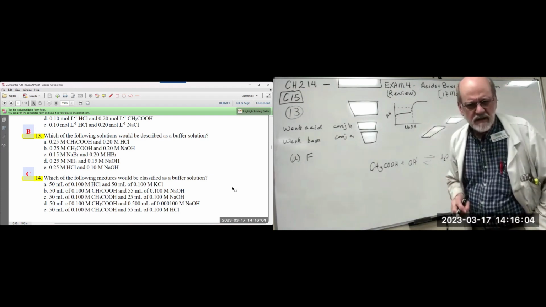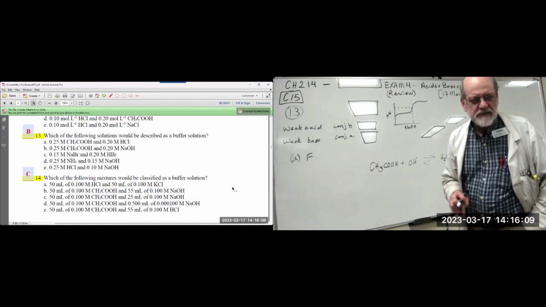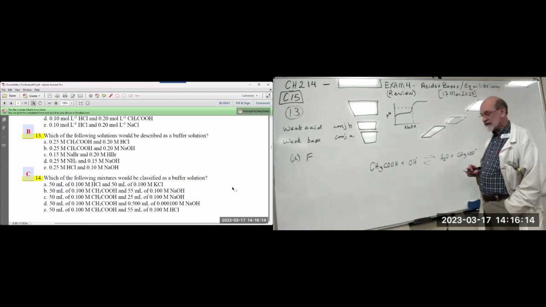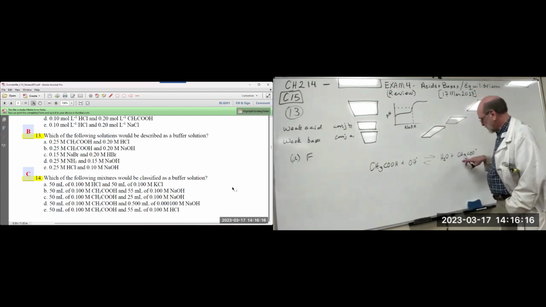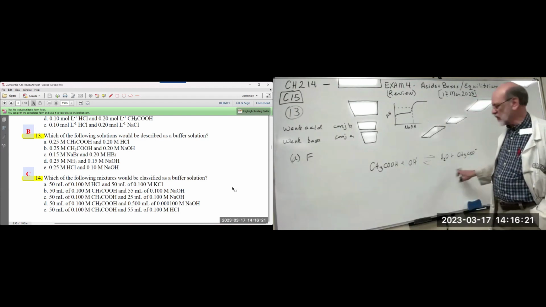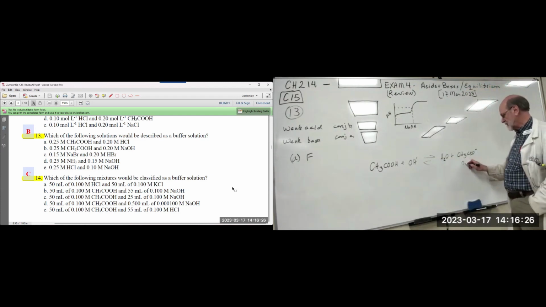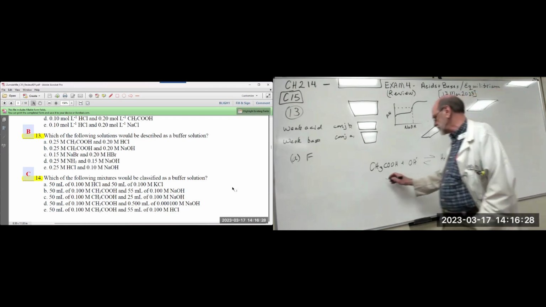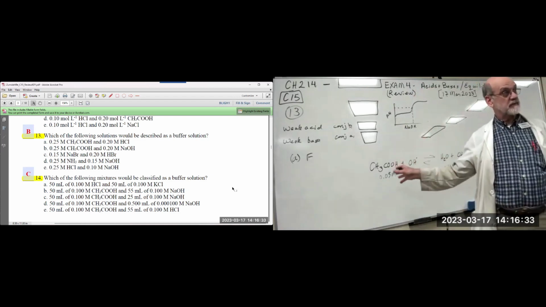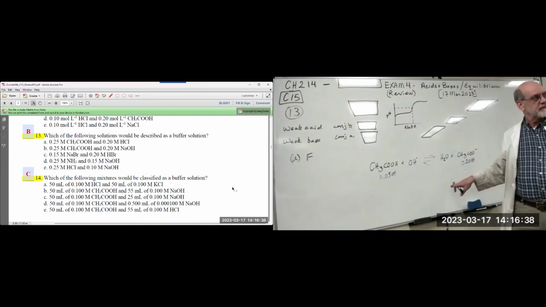This isn't the best, but it is a buffer solution, right? It still leaves you some of this and produces some of that. In fact, it only leaves you 0.05 molar of this, and it produces 0.2 molar of that after the titration. So it's not an ideal buffer, but it is a buffer because it produces both the acid and the conjugate base.